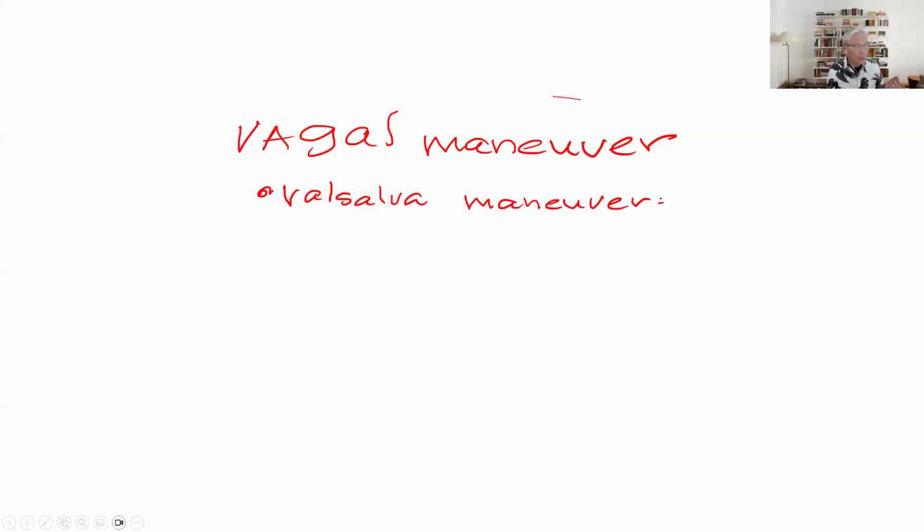If you want them to deliver the head, you're going to ask them to push as hard as they can. It's exhalation against a closed glottis. Or if you are constipated, that's what you usually do in order to deliver your feces. So that's Valsalva maneuver. Valsalva maneuver is effective in slowing down heart rate.